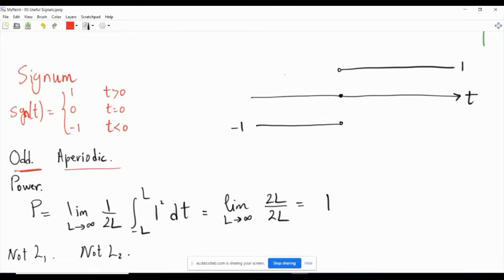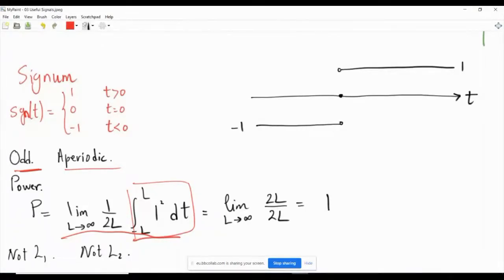If you compute its energy, you square it, and you get 1 over the whole set of real numbers except at 0, so the integration will be infinity. But you can compute the average power. When you square the signal, you get 1 squared, which is 1.